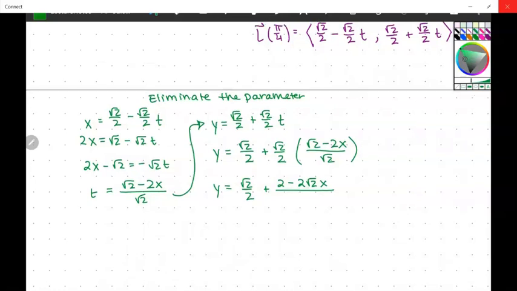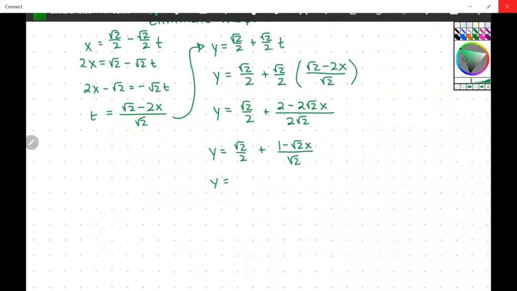The denominator is just 2 root 2. Looks like the 2's are going to cancel out. So we get root 2 over 2 plus 1 minus root 2x over root 2, which I'm going to kind of do two things at once.